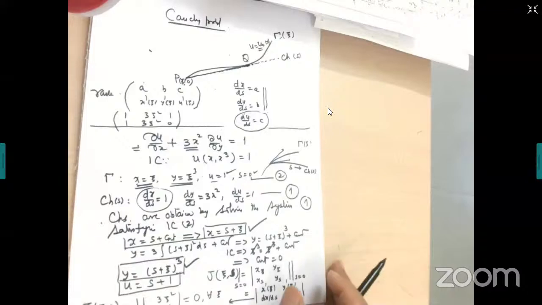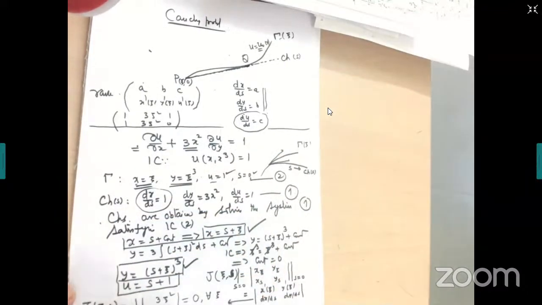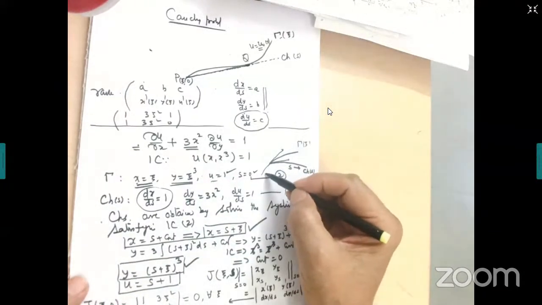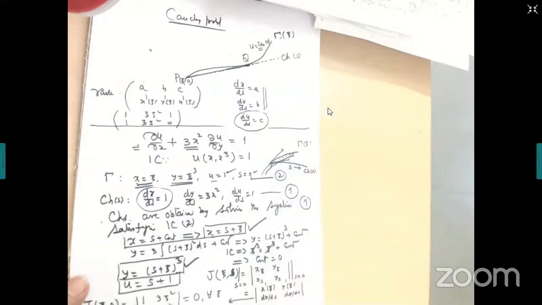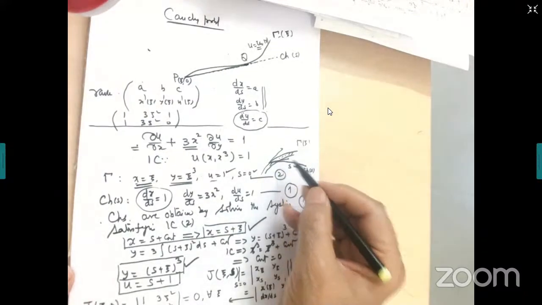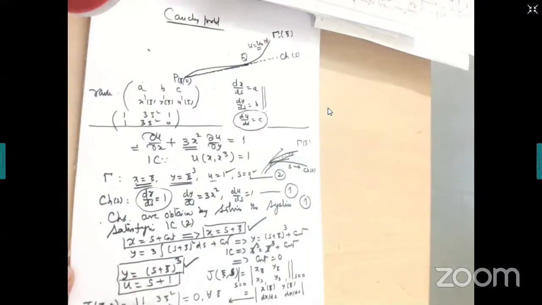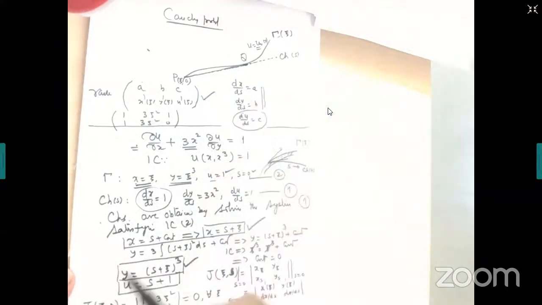Very good, excellent. So all this work is not needed. I have to concentrate only on two things. Number one, because I'm interested in finding the solution in the neighborhood of gamma, meaning xi, s with s equal to 0, go to the xi-s plane. Here s is the parameter along the characteristic curve, and this is your J. This turns out to be 0, so there is a need to find the rank of the coefficient matrix.